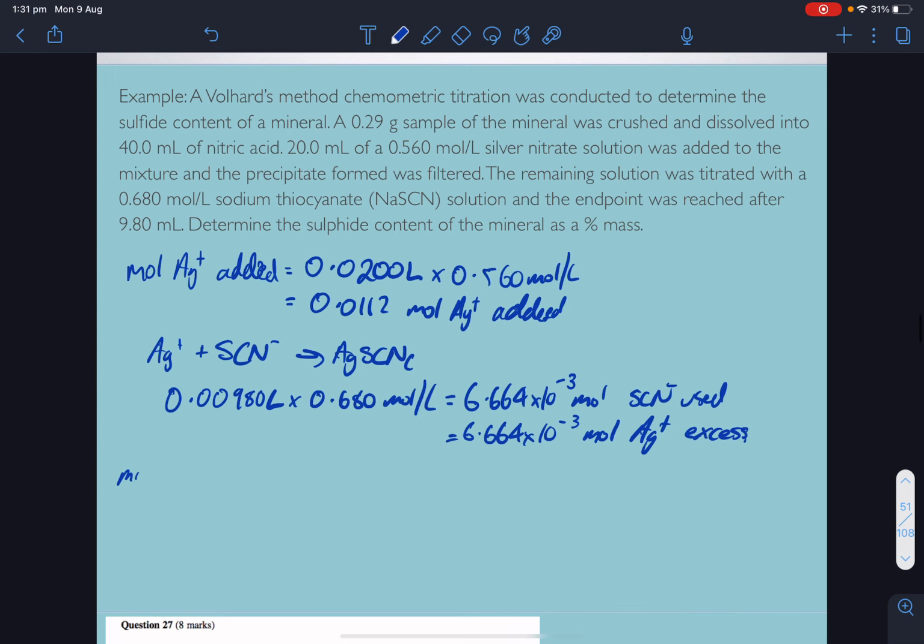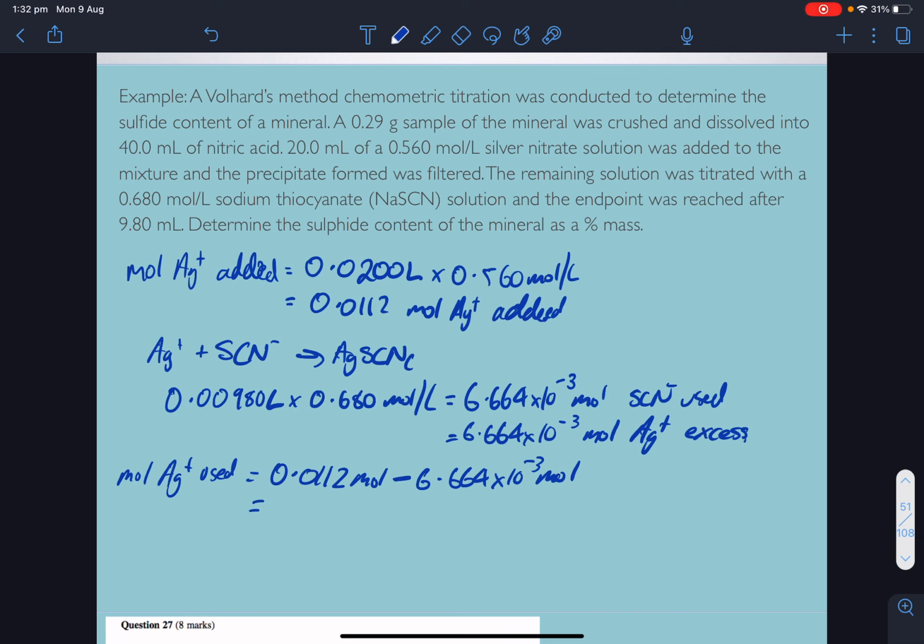So our moles of silver used equals the total, 0.0112 moles, minus the excess, 6.664 times 10 to the negative 3 moles of silver. So what we dumped in there originally, minus what was left over at the end, will tell us how much was used.